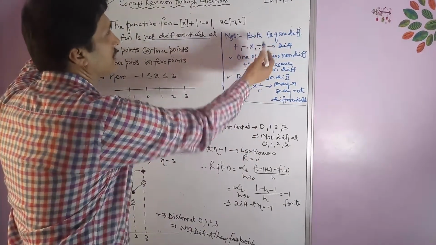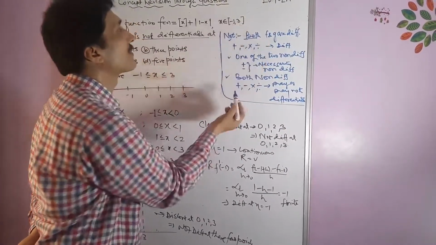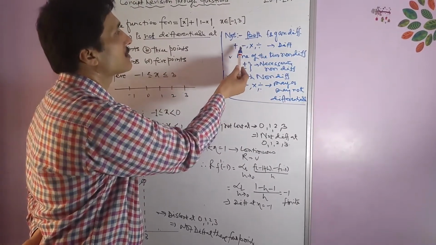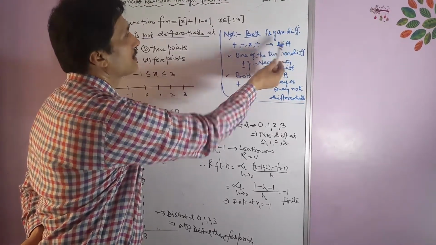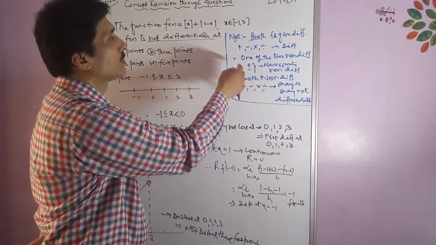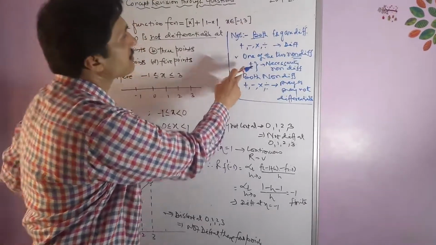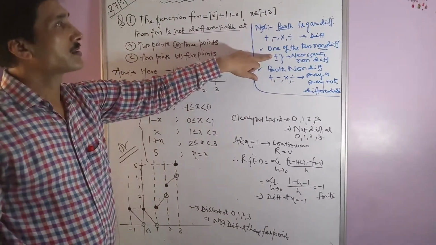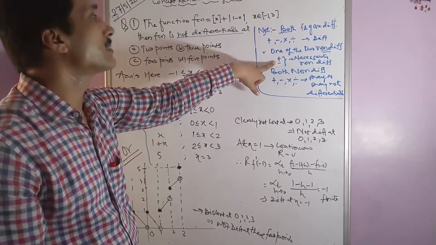Let f and g be two functions. If both are differentiable, then their addition, subtraction, multiplication, division are necessarily differentiable. If any one of the two is non-differentiable, then the sum or difference of the two functions is necessarily non-differentiable.